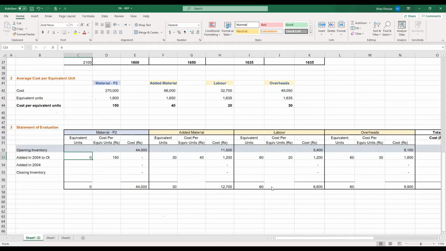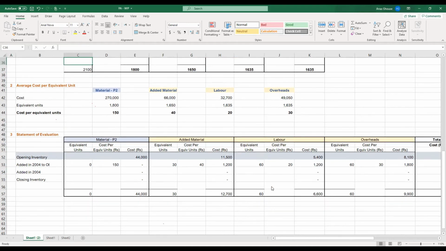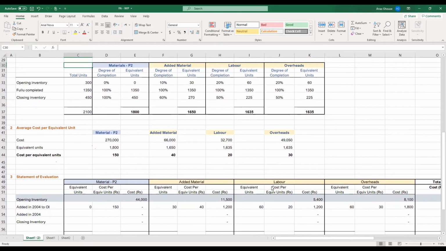Then the fully completed units in 2004, 1,350. As far as material from process 2 is concerned, which is 100% completed, it is 1,350. So for all these categories, since it's fully completed, we have to take 1,350.